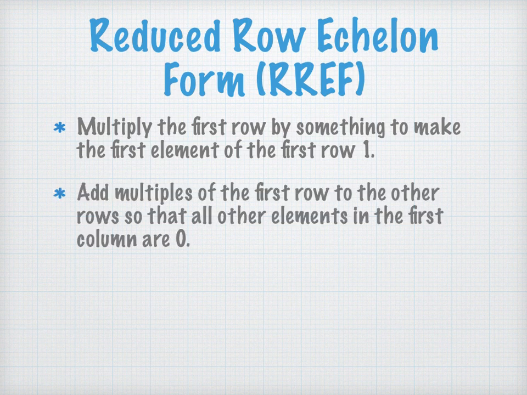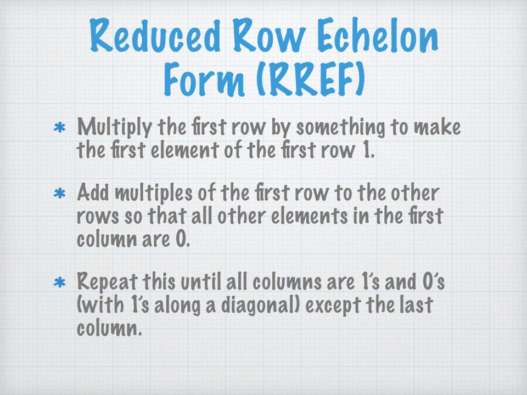Then what we're going to do is add multiples of the first row to other rows so that all other elements in the first column are equal to 0. Then we repeat this until all the columns are 1s and 0s, with 1s along the diagonal, except for the last column. So we're going to work column by column, first getting a 1 in the correct position, and then making everything else 0s.